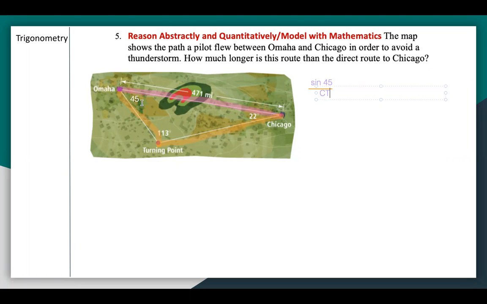So 45 divided by the opposite side, CT, that should be equal to the sine of 113 divided by the opposite side, 471. 113 divided by 471. Okay.